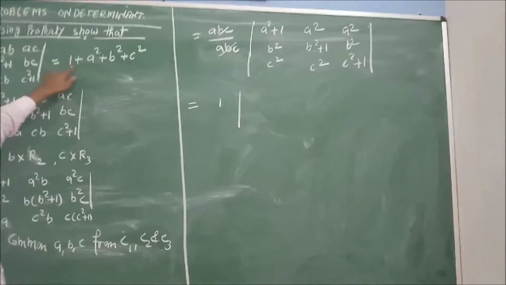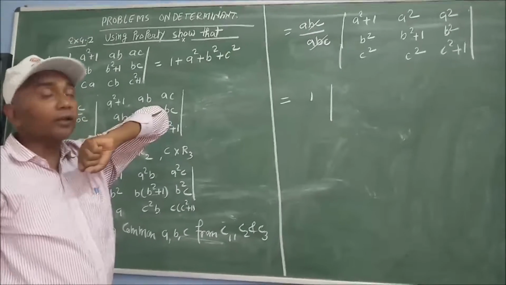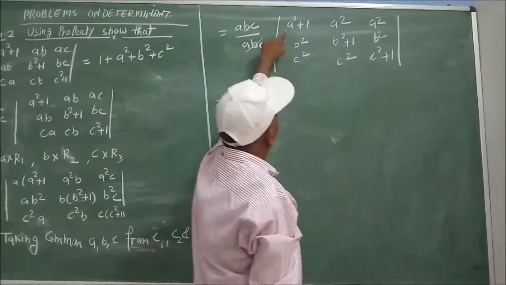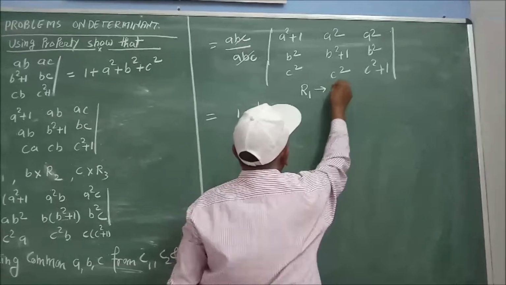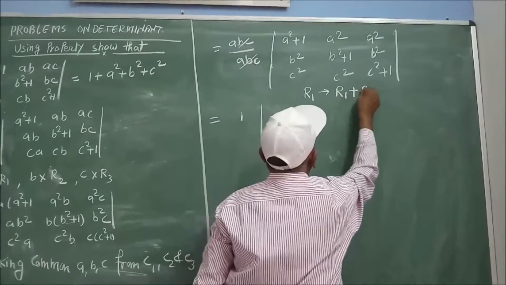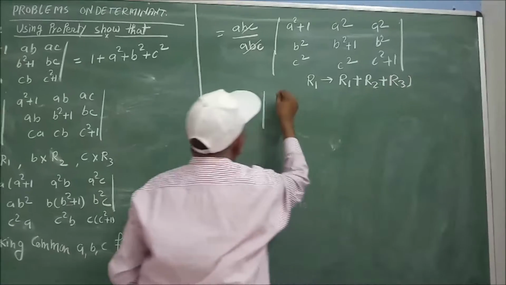Here the RHS is given as 1 plus a square plus b square. How can you get it? If you apply the operation R1 tends to R1 plus R2 plus R3, then what happens here?